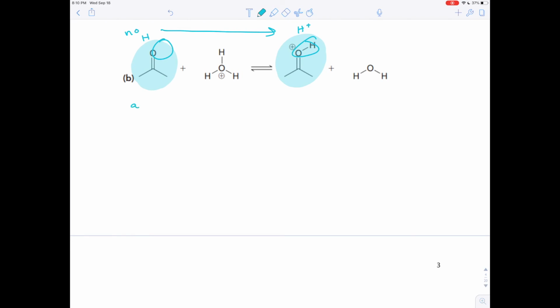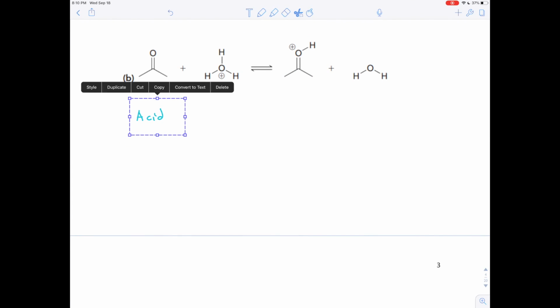In other words, this molecule accepted a hydrogen, accepted a proton. That, in the Bronsted-Lowry definition, makes it an acid. So remember that shortcut. If you know that something is an acid, then the thing that it's paired with on the same side has to be a base.